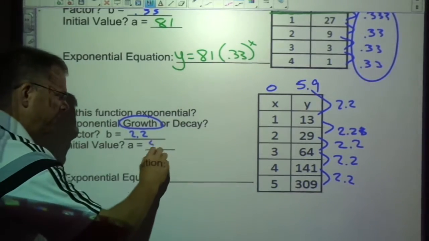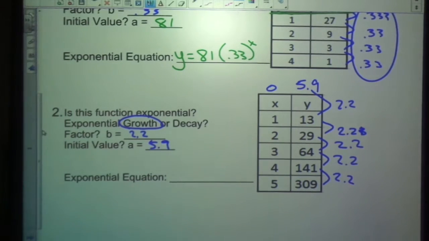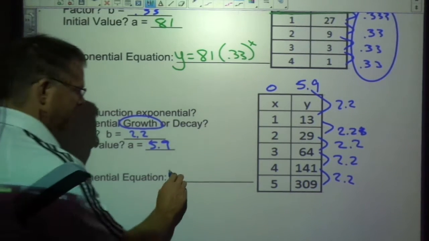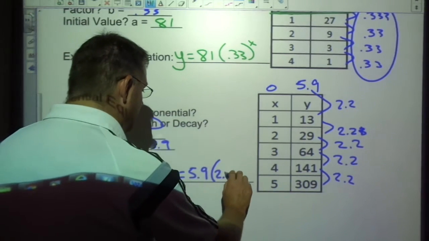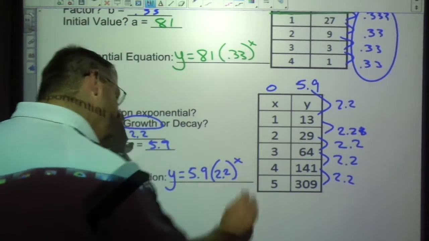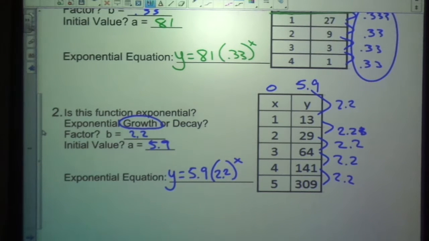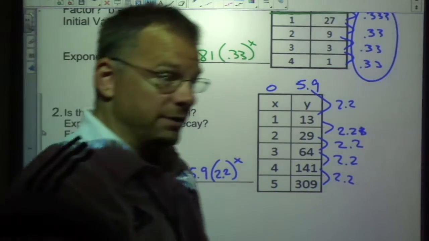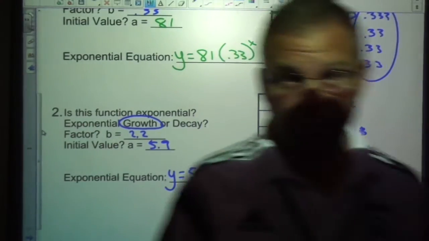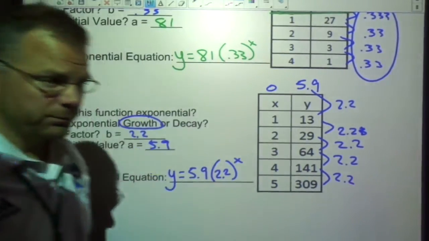So the a value, the initial value, is 5.9. So my equation I can put together. We're starting with 5.9 and we're going up 2.2 as a multiplier each time, raised to the x power. Notice all of these will have the x as an exponent. That's the difference between exponentials compared to linears.